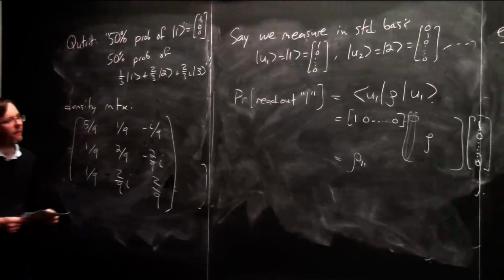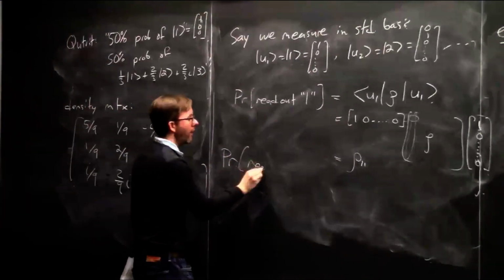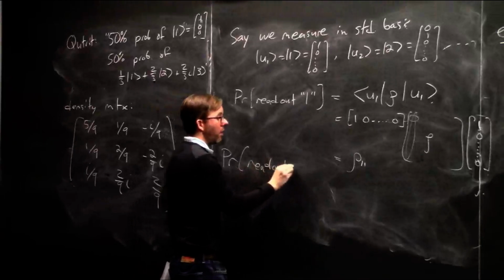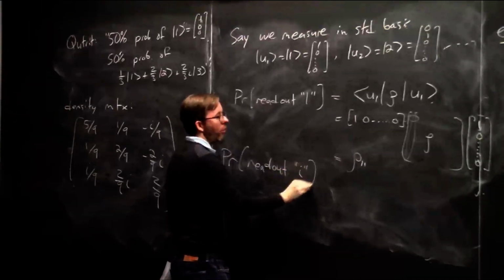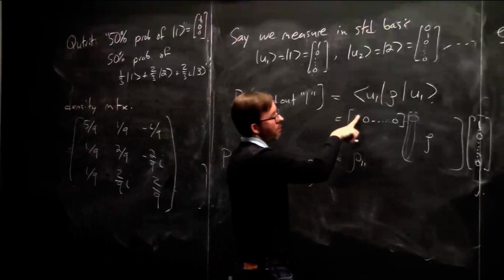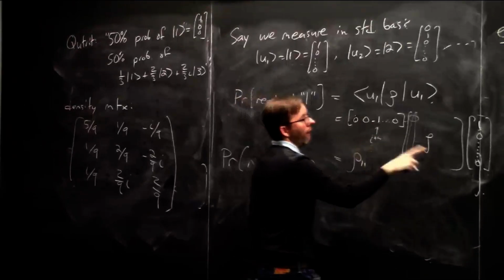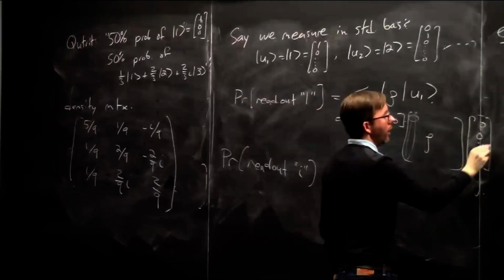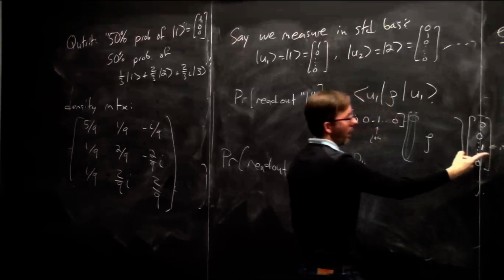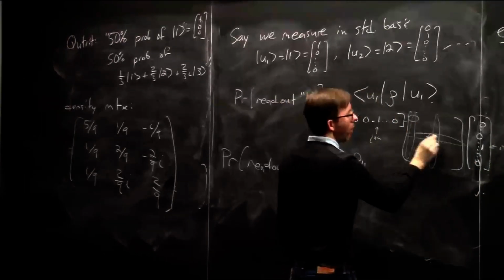That's 5/9 here. And perhaps you can see, since you're pretty quick, that the probability that you'll read out i, for a general i between 1 and D, will look like this, except the 1 will be in the ith position. That 1 will pick out the ith column, and this 1 will pick out the ith row.